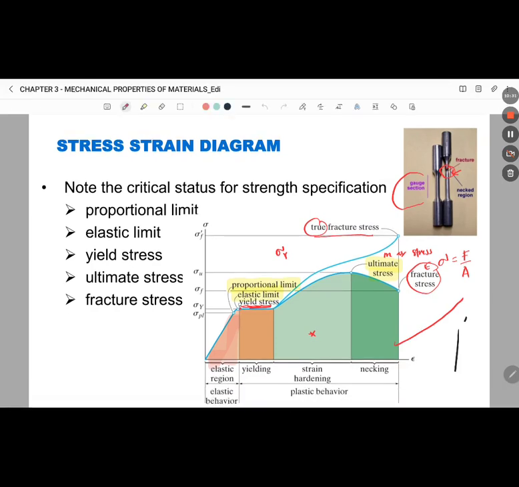But for true stress, F over A, the area that we use is the area after the sample has deformed, the instantaneous area. That's why the value that you will get for true stress will be higher than the engineering fracture stress. Okay, next.